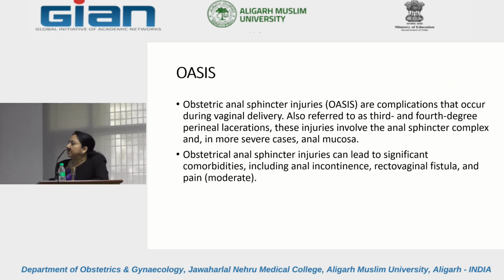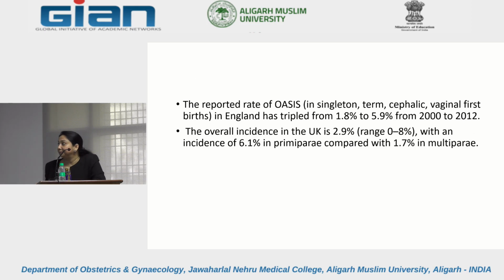So now I'll come to this topic. What are obstetric anal sphincter injuries? These are complications that occur during vaginal delivery. They include third and fourth degree vaginal tears and perineal lacerations, and can lead to comorbidities including anal incontinence, RVF and perineal pain.